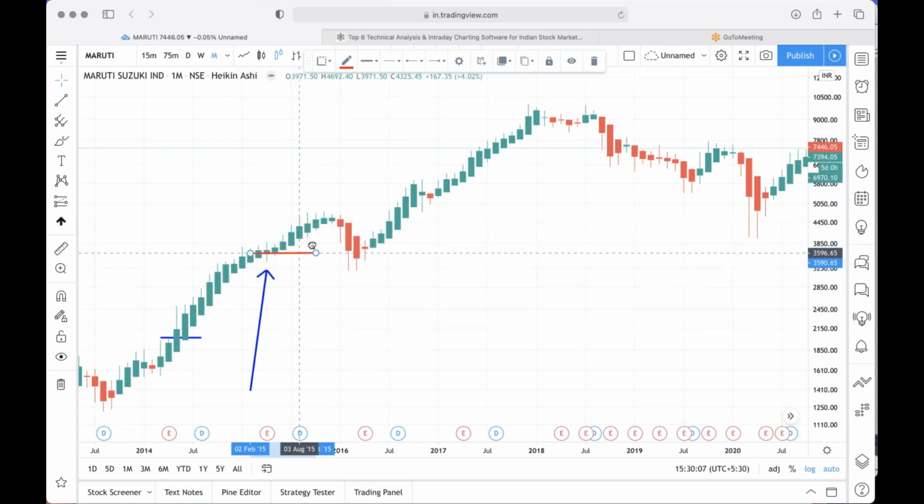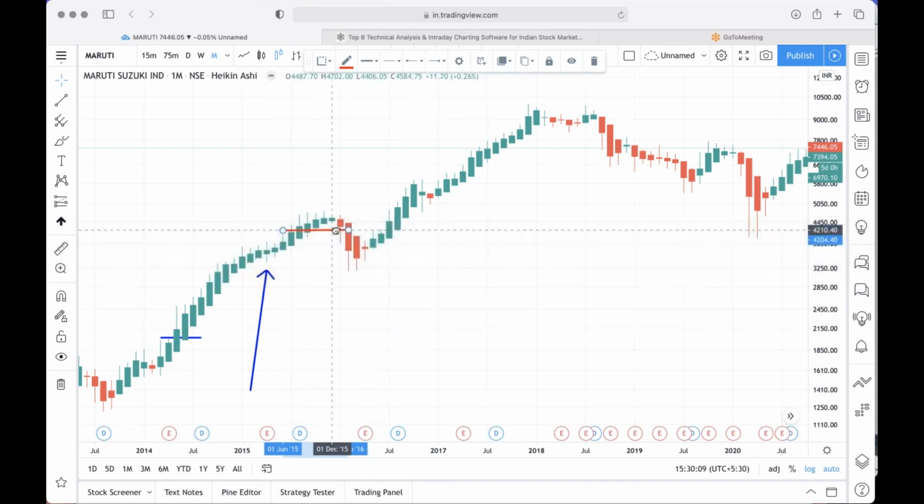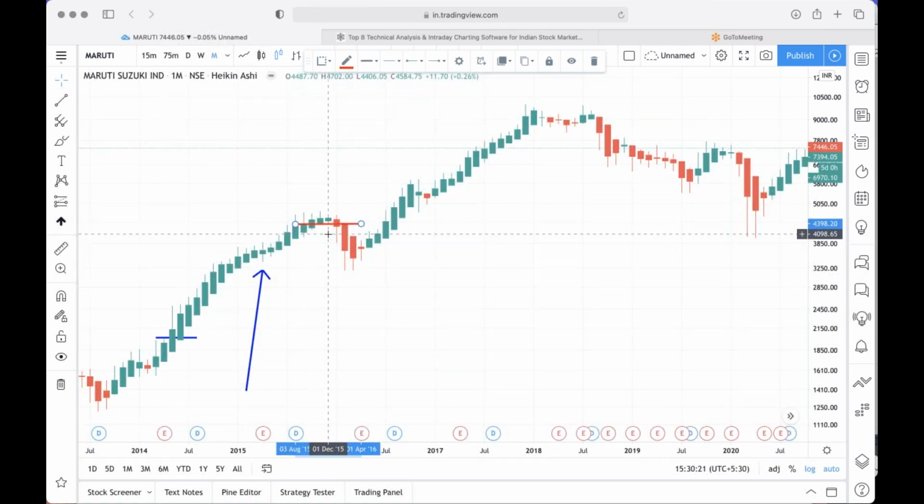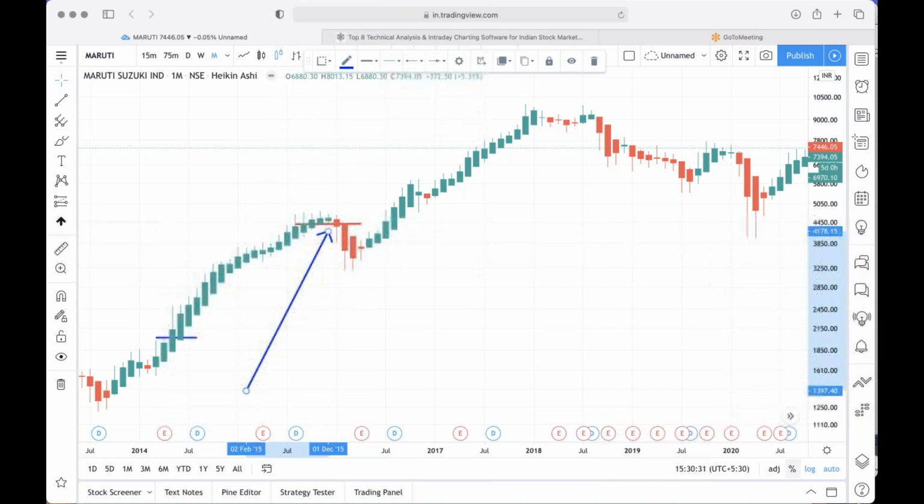The fourth month, there was another lower shadow. I revised it and revised it and revised it. And I kept on revising till December 2015. I entered in May 2014. And I kept on revising till December 2015. And the low point over here in December 2015 was 4,400. Right here, 4,400.